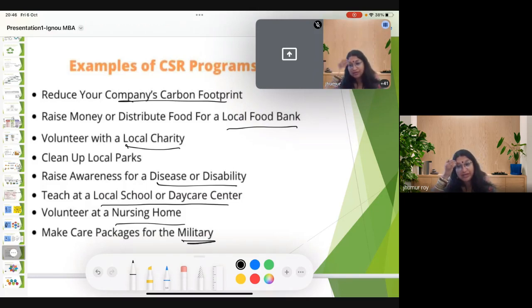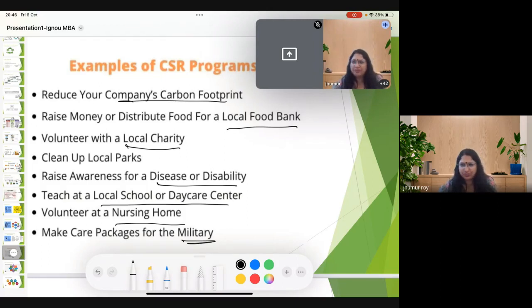So in India, we find that many people actually don't do so much for the military. That is generally looked after by the government. But many other countries actually do a lot for the military people, especially if somebody has lost a limb or been harmed, been shot down, or the family needs to be taken care of.